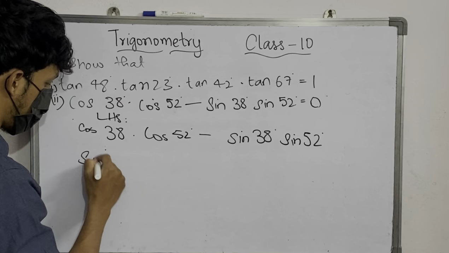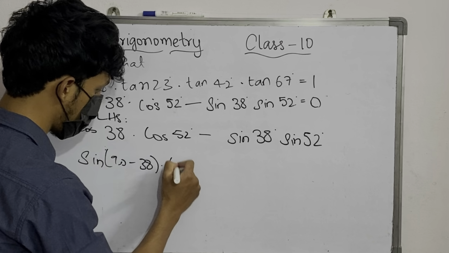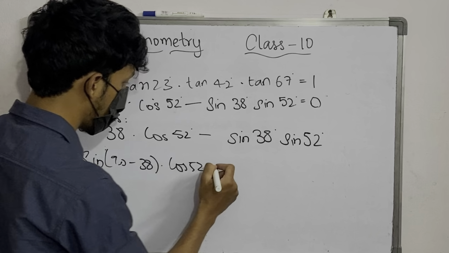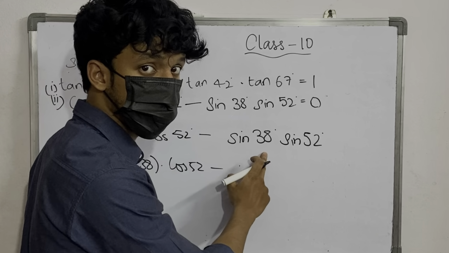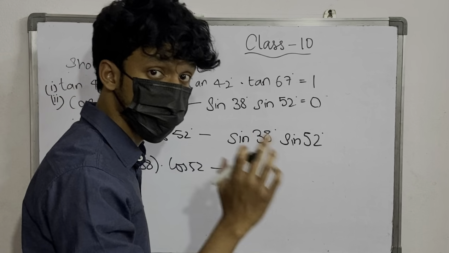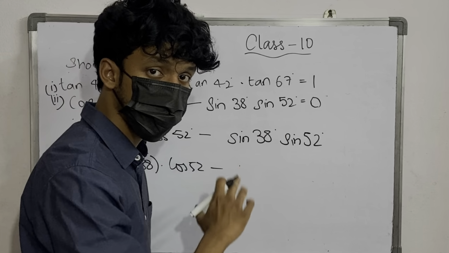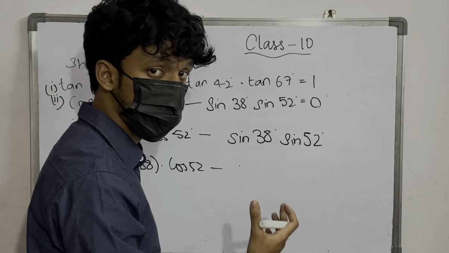Here, cos 38 can be written as sin 90 minus 38, and this can be written as sin 52. Cos theta can be written in the form of sin 90 minus theta, and sin theta can be written in the form of cos 90 minus theta.